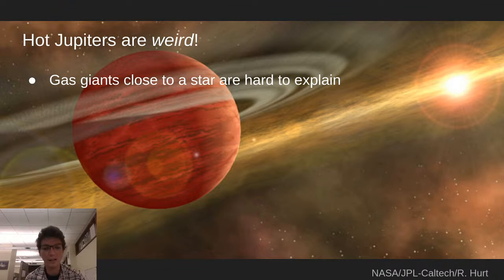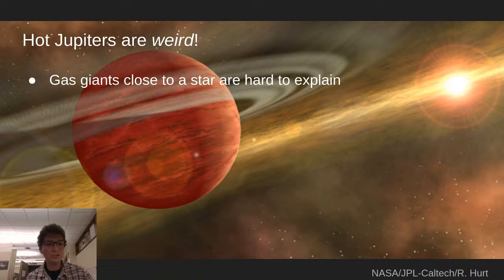We developed these theories of planet formation based on looking around at our own solar system. And our own solar system is nice and orderly. We have a couple of small rocky planets relatively close to the Sun, Mercury, Venus, Earth, and Mars. And then further out, we have Jupiter, Saturn, Uranus, and Neptune, the gas giants.